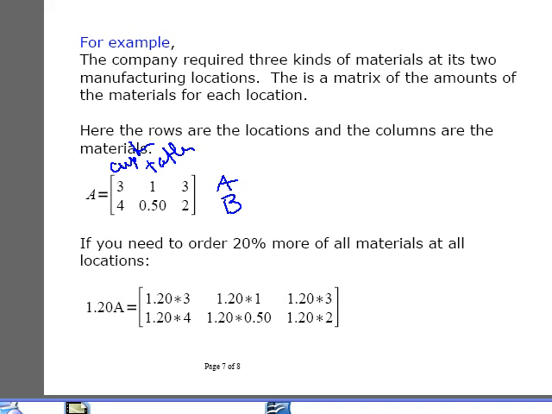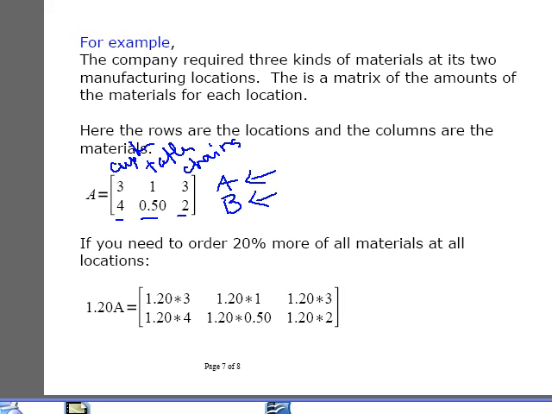I guess maybe you make, well, chairs. Not very imaginative here. Okay. 3 different products at 2 locations, and I've put together a matrix of the amount that I have to order. So much supplies for the cupboards, so much for tables, so much for chairs at location A, and I have similar amounts that I order for location B.